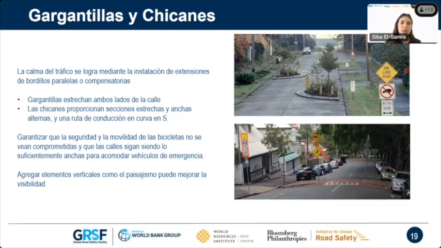They both can be effective. They narrow the road and alert drivers that this is not a road to drive at a high speed through, without impacting access. They don't impact the movement of cyclists, which is great, and allow for the safety of the different users throughout.